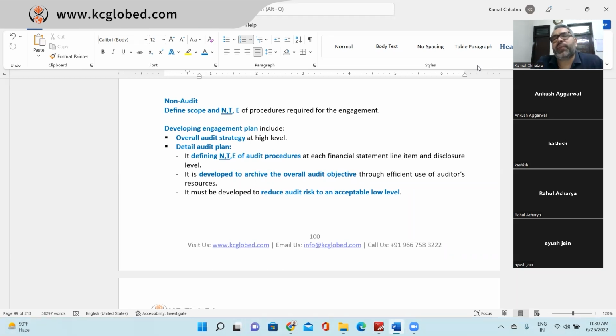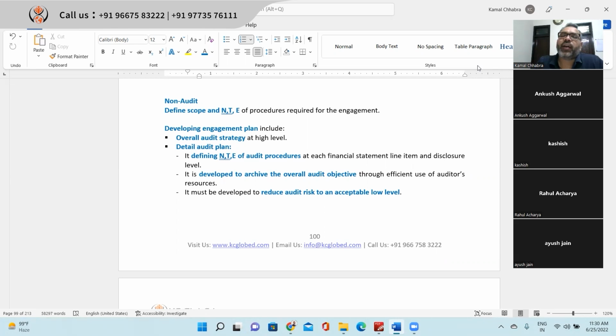So how do you develop an audit plan to reduce the risk to an acceptable level? By developing additional audit procedures in the area where risk of material misstatement is high, or those areas identified as significant risk areas, or those areas where you see the fraud risk might be there.